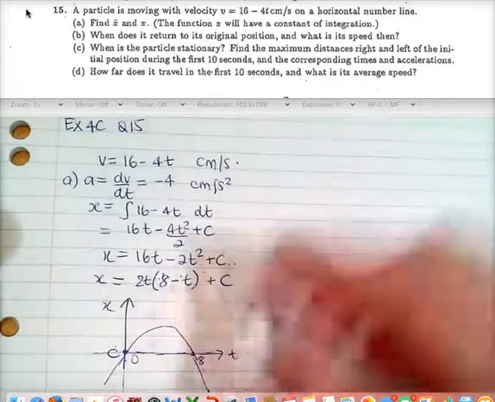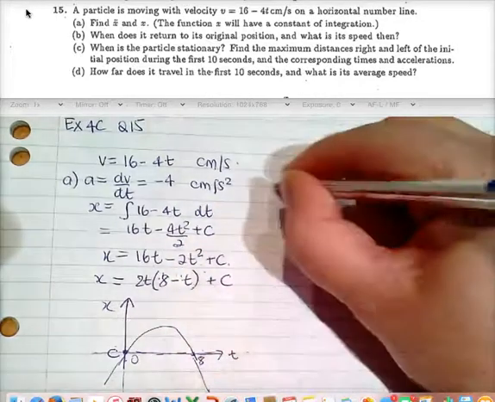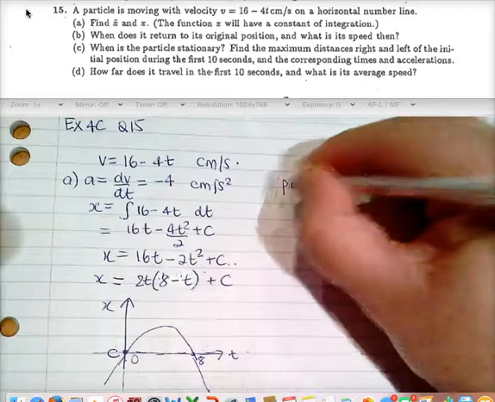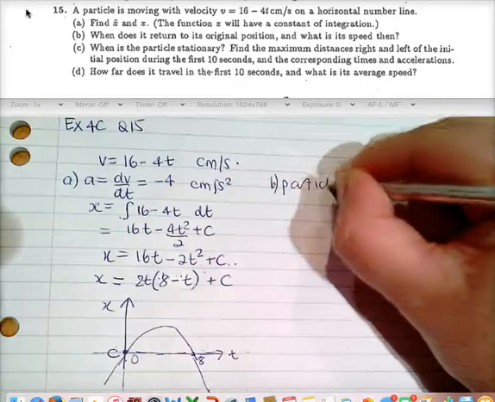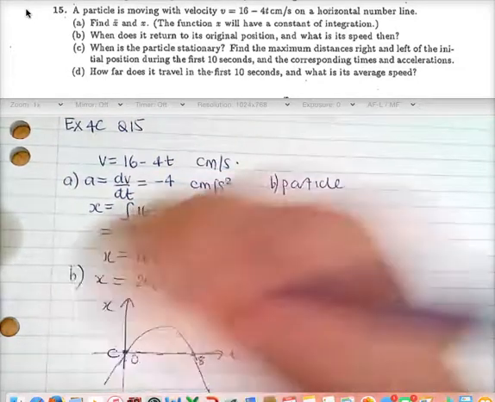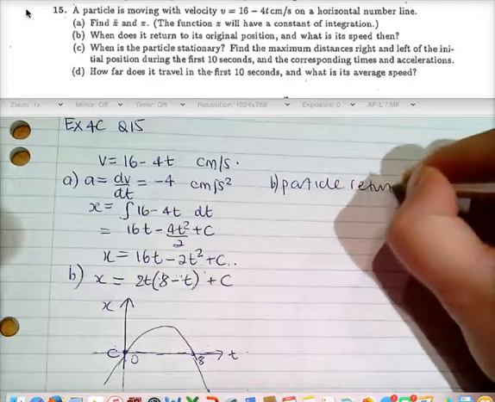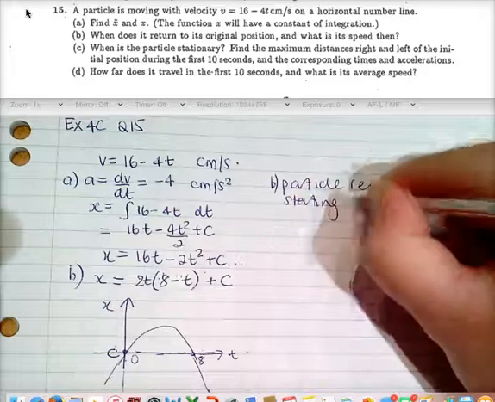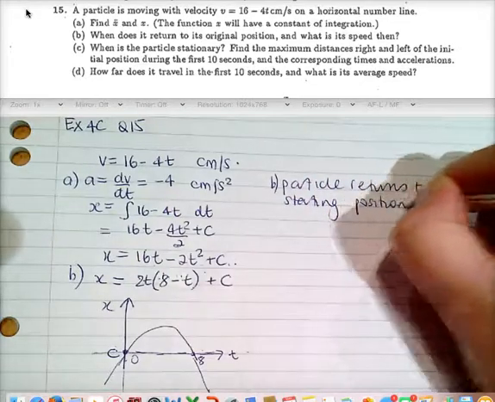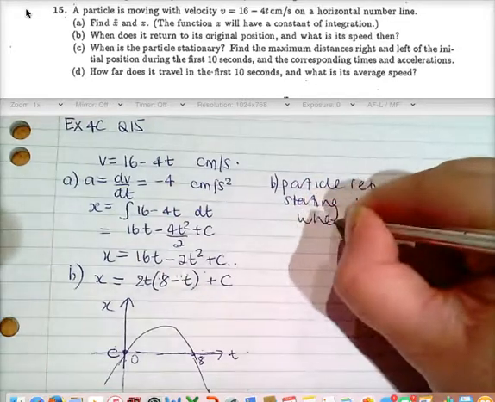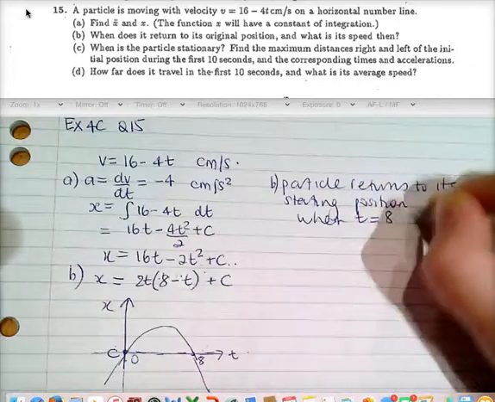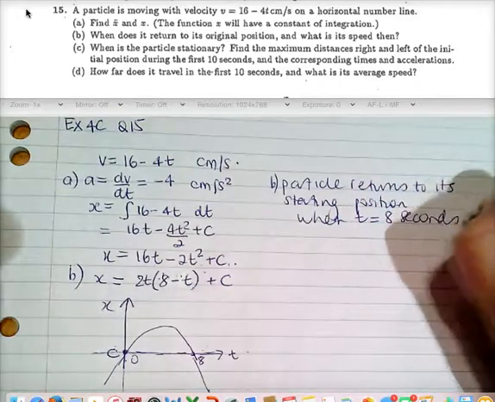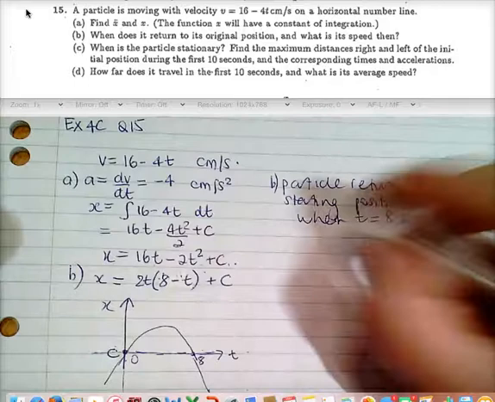So for part B, the particle returns to its starting position when time equals 8 seconds, okay? And it says, what is its speed then?